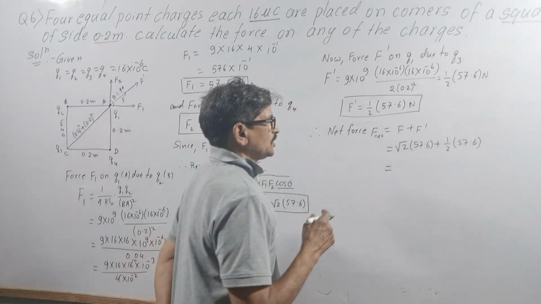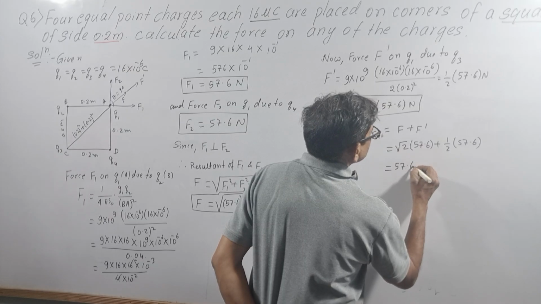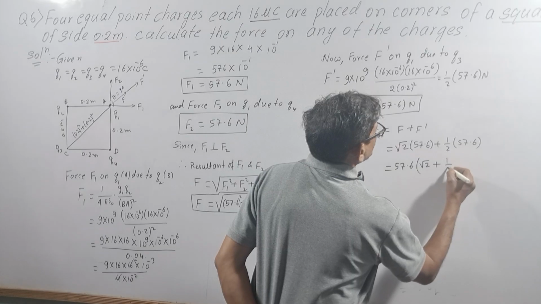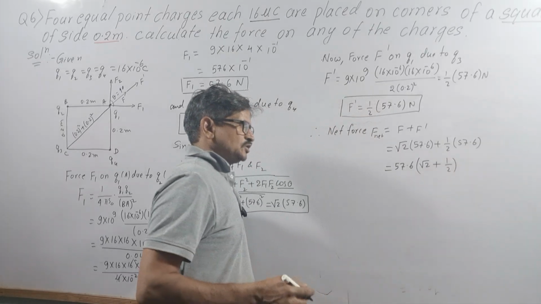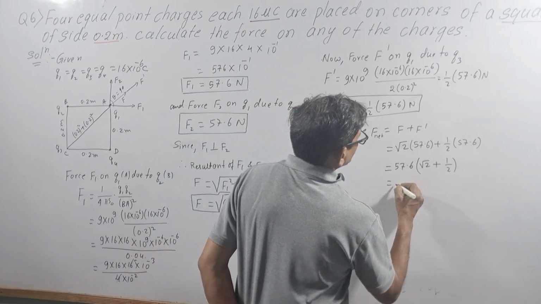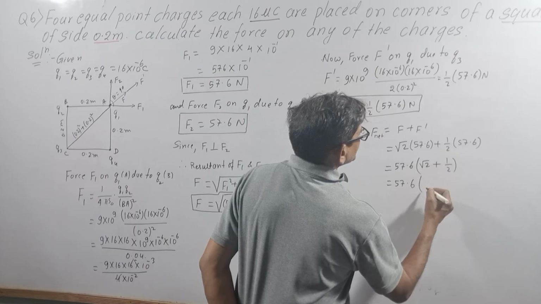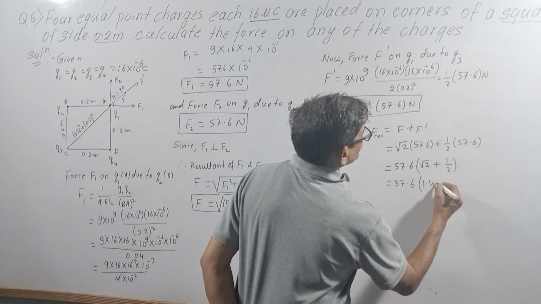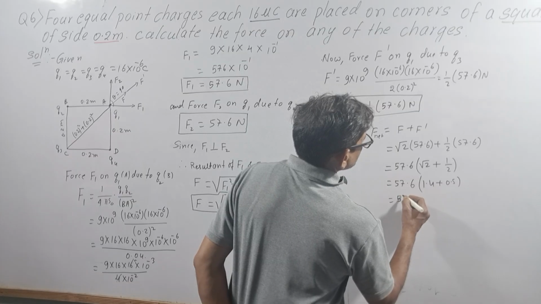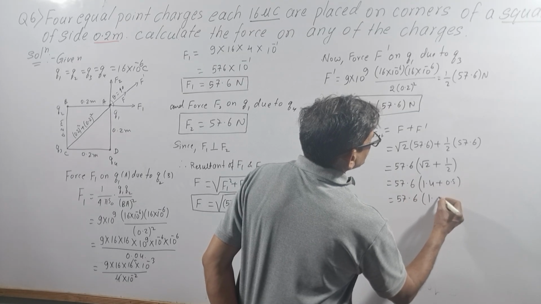Okay beta, now what to do here? Take 57.6 outside, in the bracket it will be root 2 plus 1 by root 2. Now 57.6, the square root of 2 is 1.4 plus this one, half.